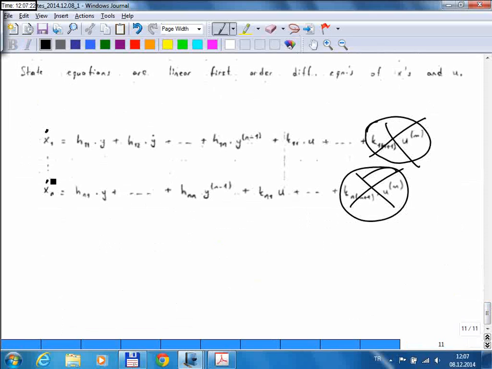This is x1 dot, this is x1 dot, and this should be y dot, y dot, y double dot, and this should be the nth derivative. Similarly, this is the nth derivative, and I have similarly u dot and u dot. Okay, so this is how I obtain state equations.